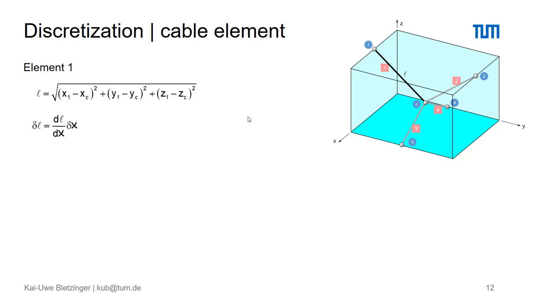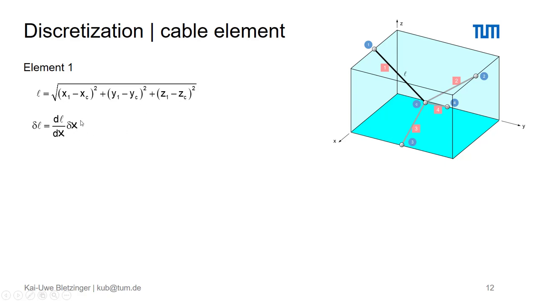Then we have to develop the variation of that length. That means this length can vary while we are changing any of these three coordinates, and that's what we mean by this notation here. If I write the derivative with respect to this calligraphic x, we can substitute this calligraphic x by any of the 3 coordinates.